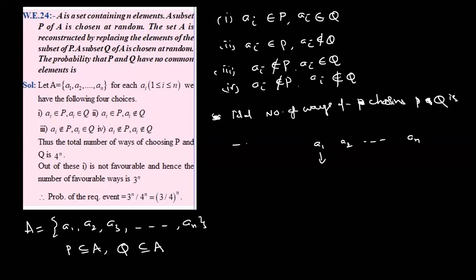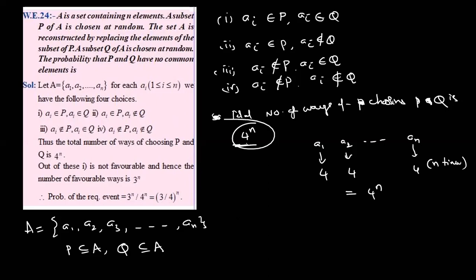An I can choose where? In first case, second case, third case, fourth case. How many ways? 4. A2, 4. And so on, 4. How many times? So therefore, total number of ways, how many ways? 4 power n cases are possible. 4 power n ways are there possible. A1, any one of the 4 cases, A2, 4 cases, like that.